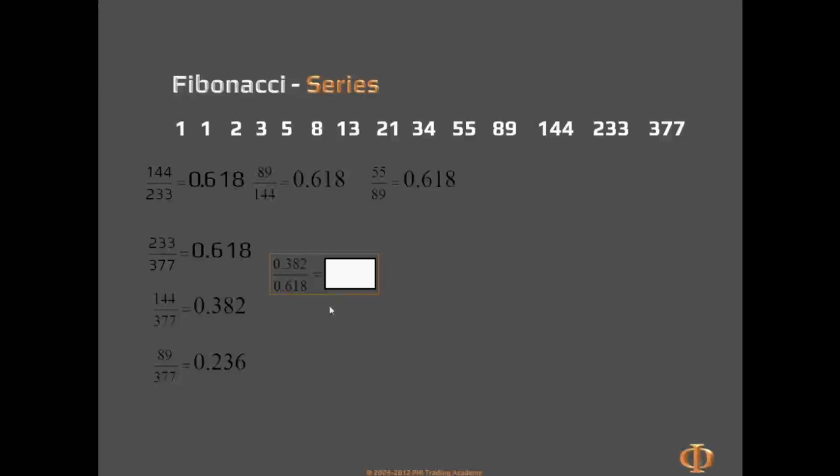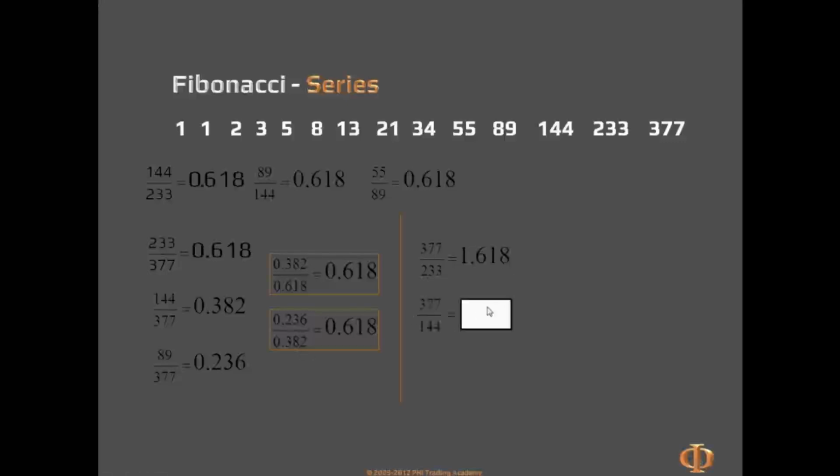Now look at this. If I divide 0.382 by 0.618, I get 0.618 again. If I divide 0.236 by 0.382, again I get 0.618. Now look at this. If I do the opposite, 377 by 233, I get 1.618.